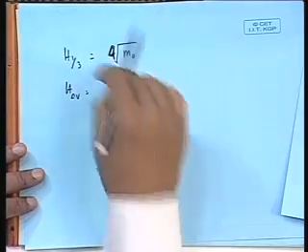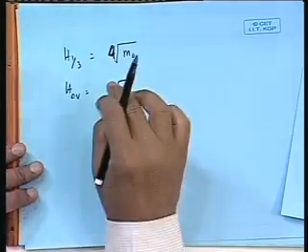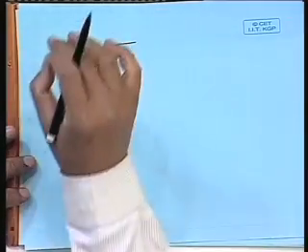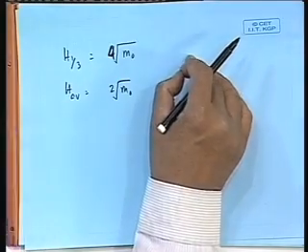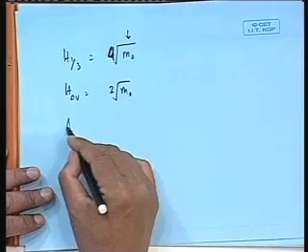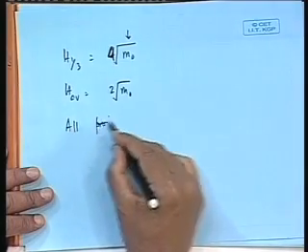I just give you an example: if the spectrum was following a Rayleigh distribution, and the area under the spectrum is M0, then H 1/3, the significant wave height, would be 4 times root of M0. Wave amplitude would be 2 root M0, height would be 4 root M0. Therefore, if I know M0, I can find out H 1/3. In fact, we can find out all statistical properties with respect to all kinds of periods.